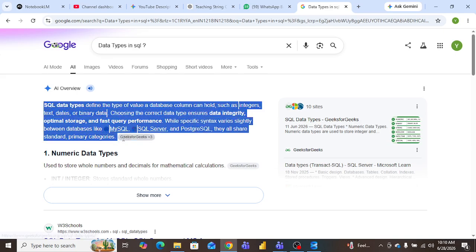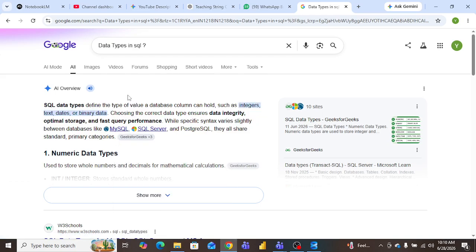They have mentioned, as you can see, that SQL data types define the types of values a database column can hold, such as integers, dates, strings, and binary data. Choosing the correct data types ensures data integrity, optimizes storage, and gives fast query performance.